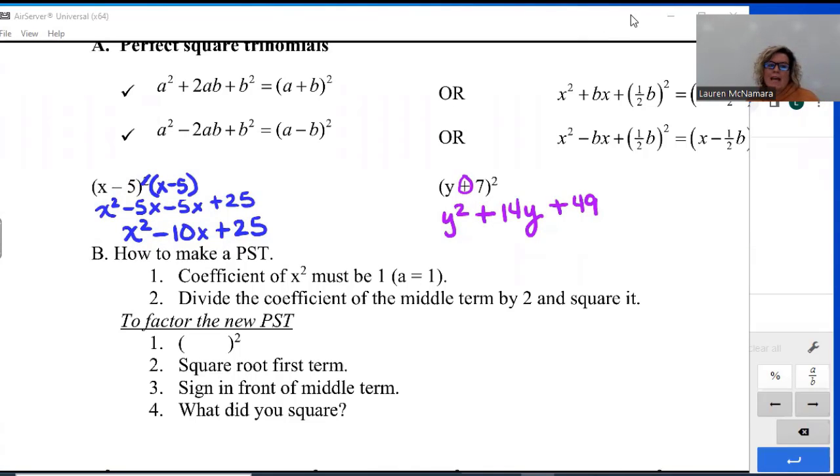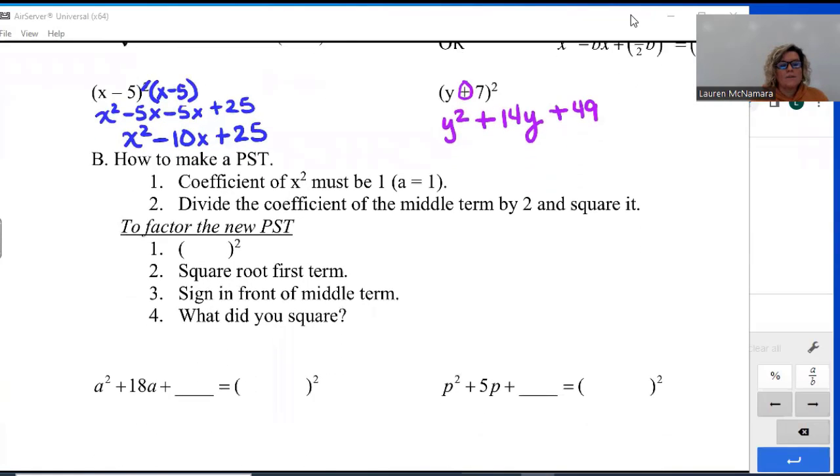All right, so now that we've reviewed what it is to be a perfect square trinomial, because it factors into a binomial squared.